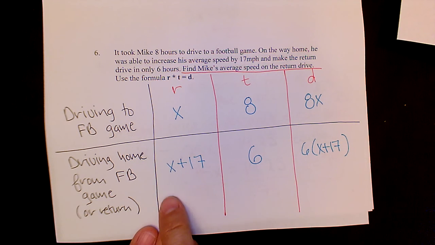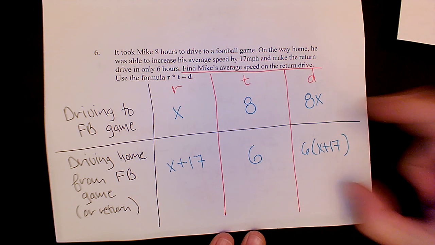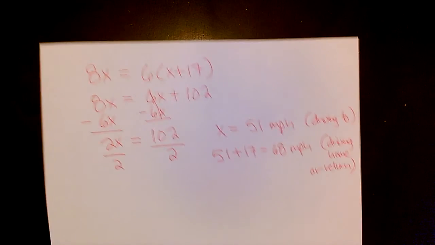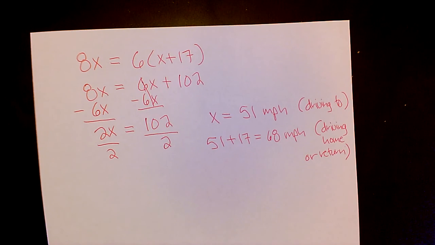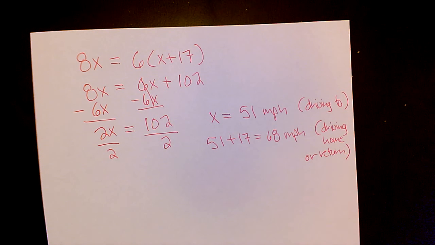I just know a little bit about the rate, the return rate going home. And then these are equal distances, so I'm going to set them equal to each other. And so that's what I did.